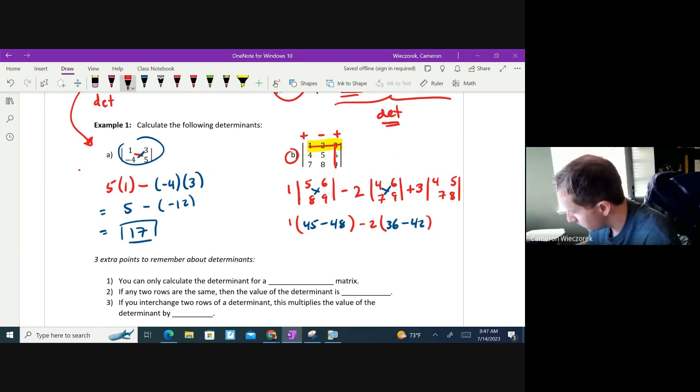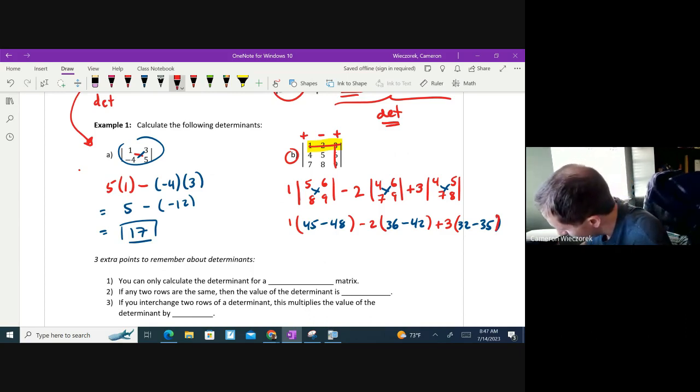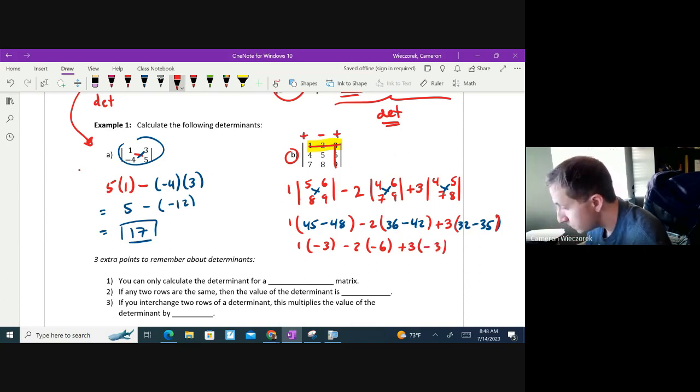And then back to plus 3 times, 8 times 4, 32, minus 5 times 7, 35. And so I end up with 1 times negative 3 minus 2 times negative 6 plus 3 times negative 3. And if you crank all that out, you get 0.